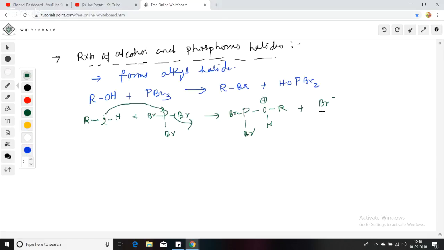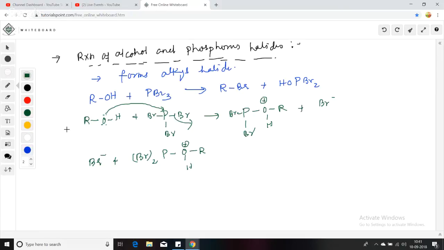Second reaction, this Br minus attacks onto this alkyl group, and this pair of electrons comes over here. So we'll get what? This Br minus, second step reaction, plus Br2P OR with positive charge. Sorry, I have written like this, but anyways, we'll manage.